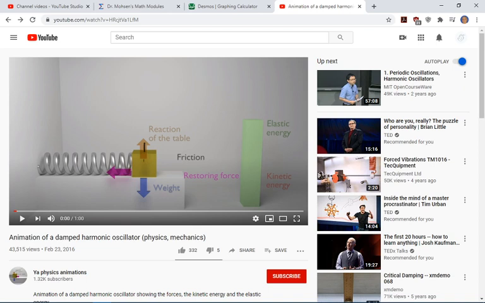These are not going to affect the movement. We are going to have several arrows here. The restoring force, that's the force by Hooke's law, the force that the spring is exerting on the object, is this pink or purple arrow here.